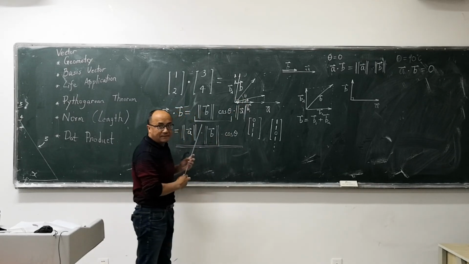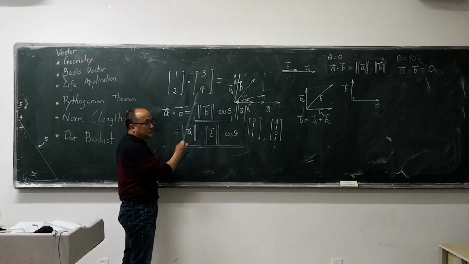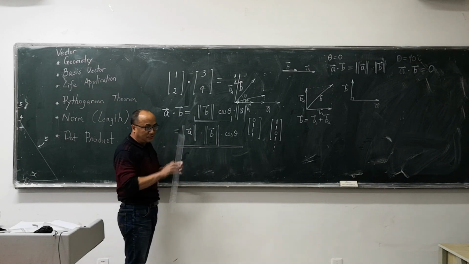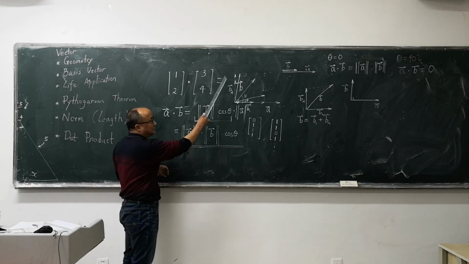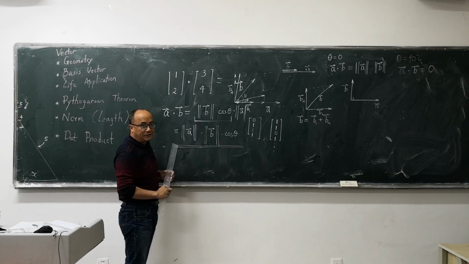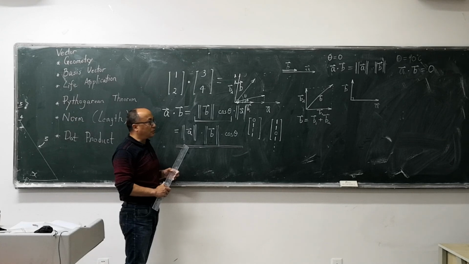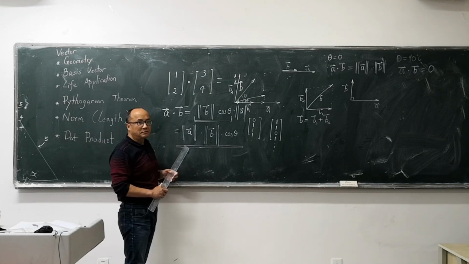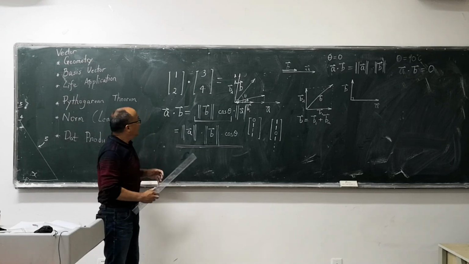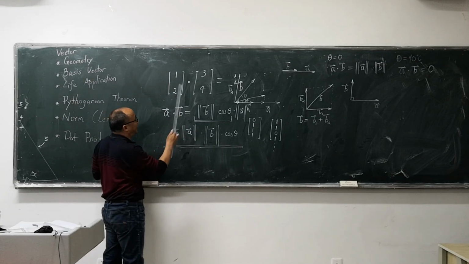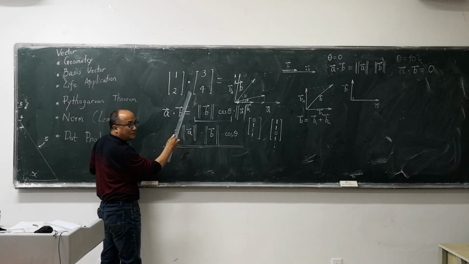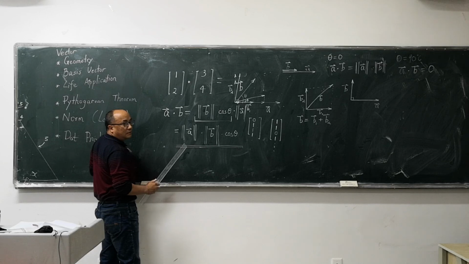For a computer, you just type it in and it immediately gives you the value of the dot product. It is not 1 times 3, 2 times 4.